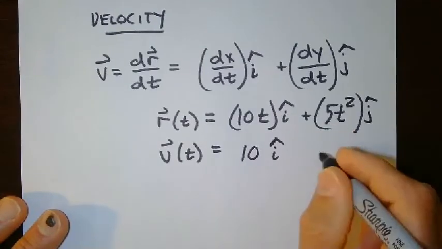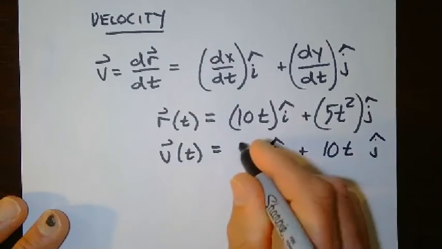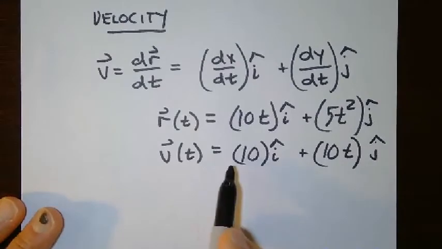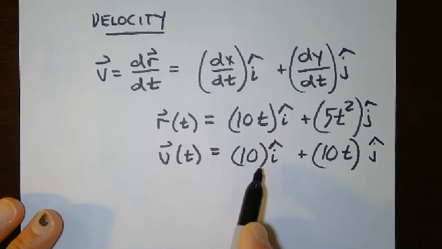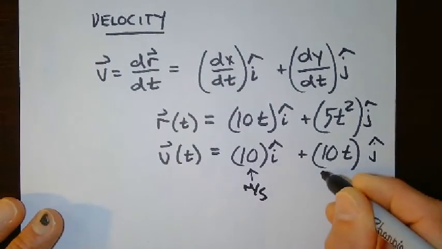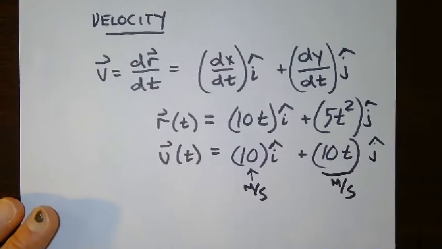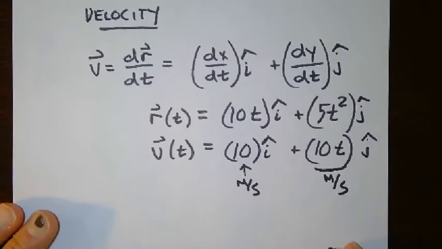And the derivative of the second one is going to be 10t. I'm not indicating units here because I just don't want to write them down. But clearly the units here would have to be meters per second, and the units of 10t also have to be meters per second. So just be aware of that when you're doing things with these expressions.